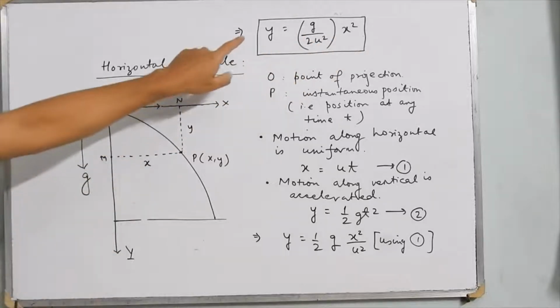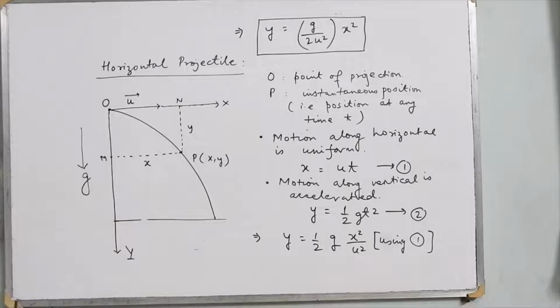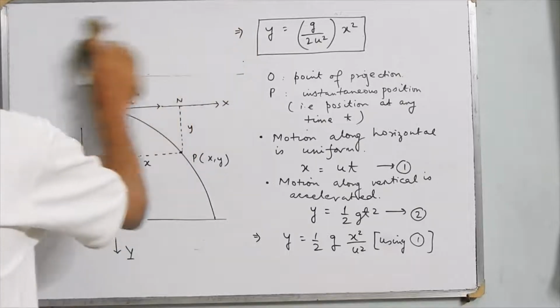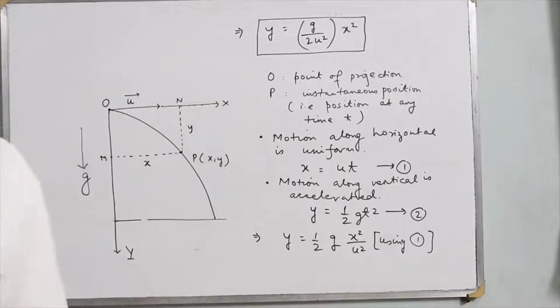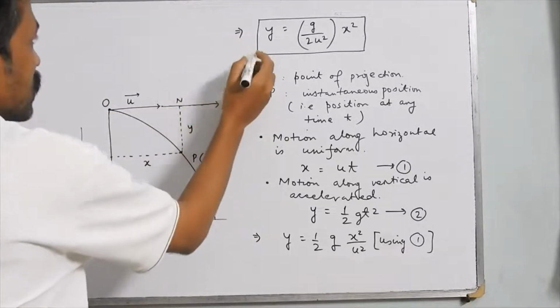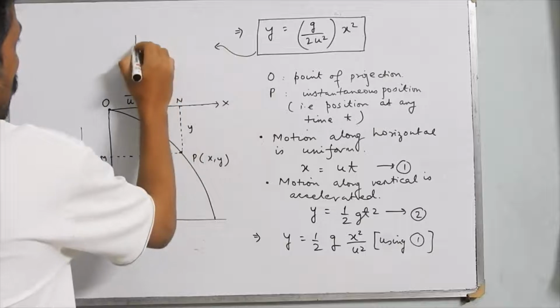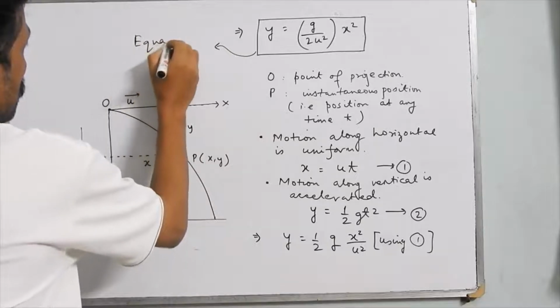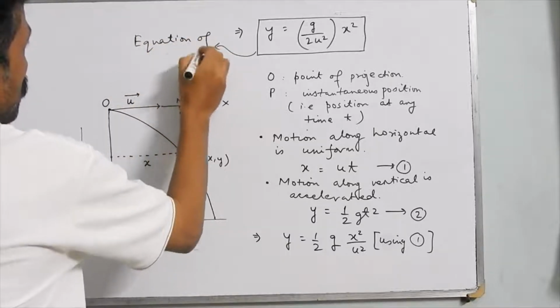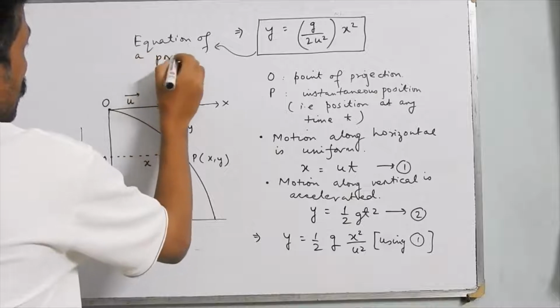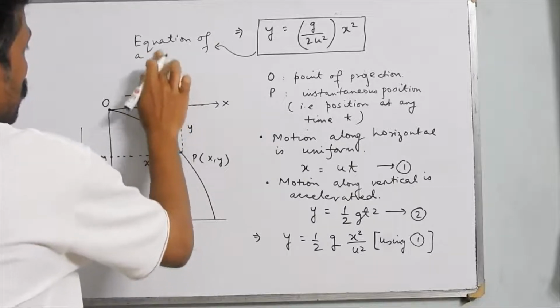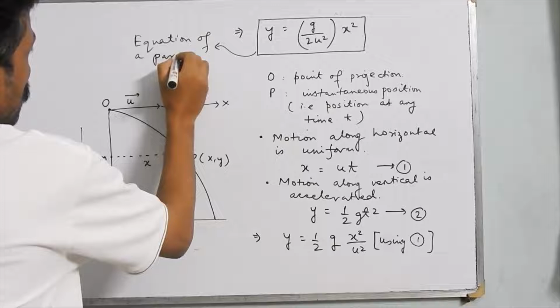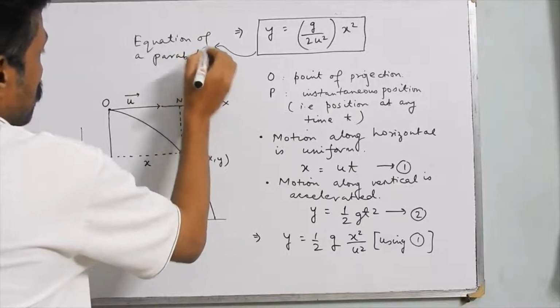This type of equation is the equation of a parabola, and as such we can say that the motion of the projectile is parabolic in nature. So this equation is the equation of a parabola. And we say that the trajectory, or the path followed by the projectile, is parabolic in nature.